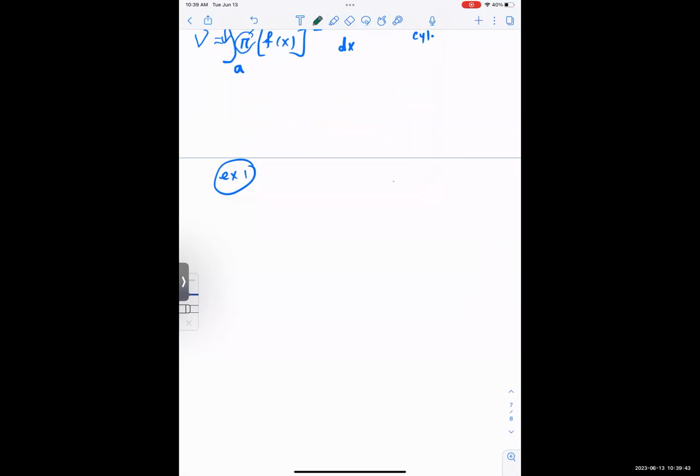Find the volume of a sphere of radius r. It is V equal to 4/3 pi r to the power 3. Okay.